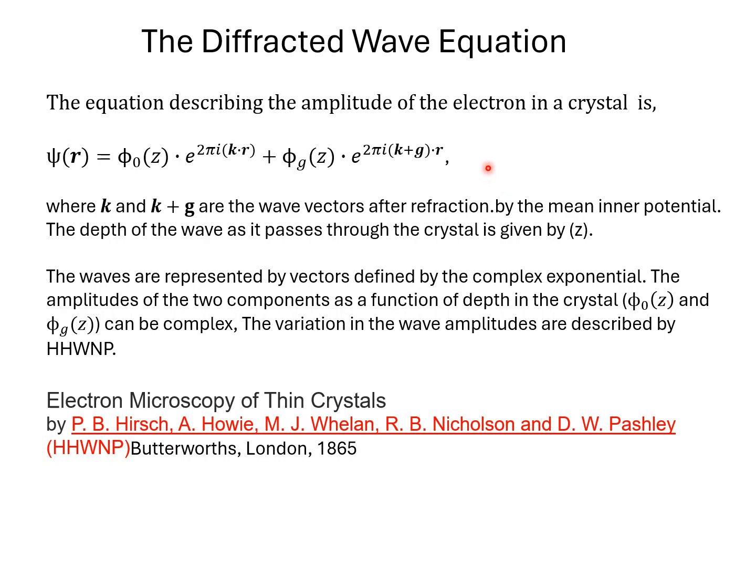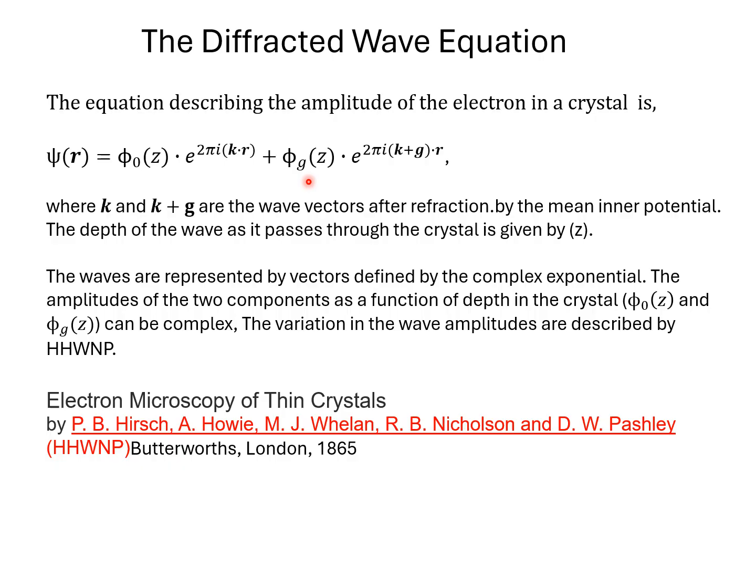So formally, the wave equation describing the amplitude of the electron in the crystal is given by this. It's a sum of the direct wave amplitude and the scattered wave amplitude.